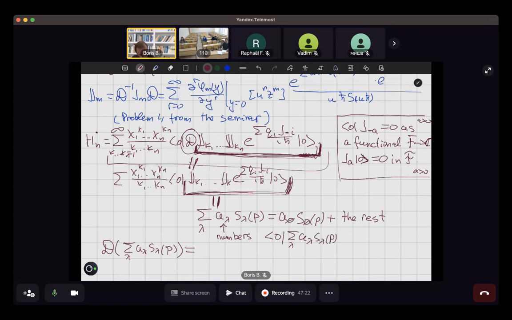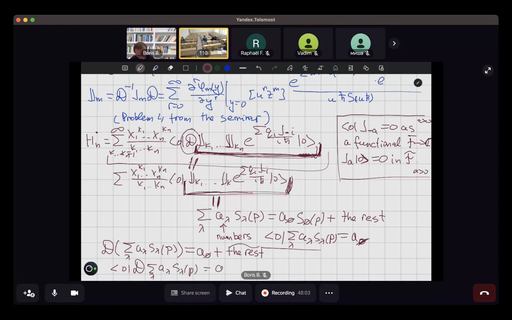So, taking the free term of this expression is equal to just a empty. Yes? Is it clear what's being said? And again, when we act with D on this linear combination, we again obtain this a empty plus something, the rest tilde, because we act with D on the rest. But after taking the free term, we obtain the same a empty.